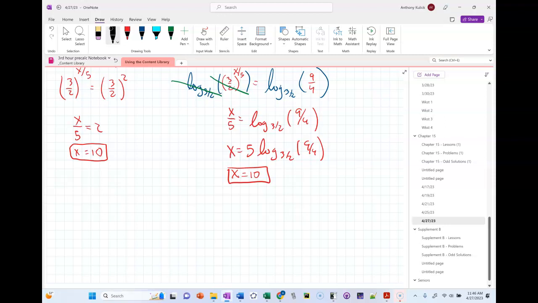So if you're trying to type in what we just did, you do 5 times log of 9 over 4 divided by log of the base you're trying to use. And then it'll spit out the answer. If you want to borrow one of the calculators that has the other operating system, you're welcome to grab one. But that's how you would do it on yours.